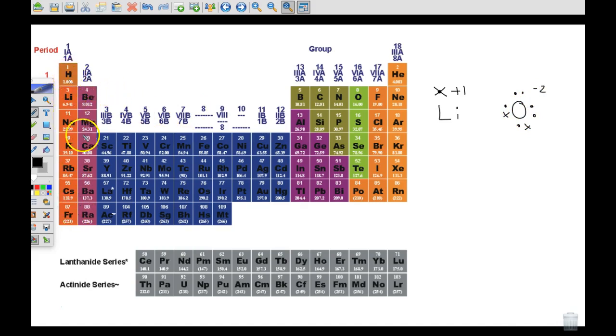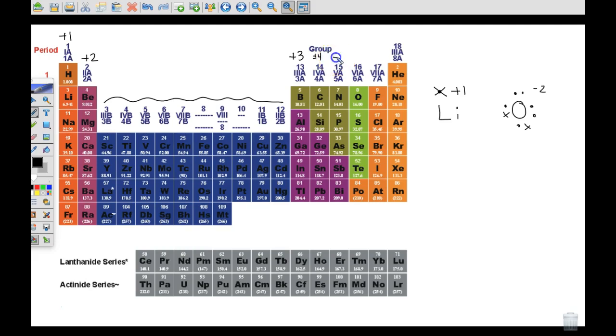Because elements are placed into families or groups due to the same number of valence electrons, we assume that everyone in group 1 has a +1 charge, everyone in group 2 has a +2 charge, we skip the transition metals, everyone in group 3 has a +3 charge. Group 4 is kind of funky. We usually try to avoid those because they're mostly nonmetals and metalloids. We say they have a ±4, depending on what they're bonding with.